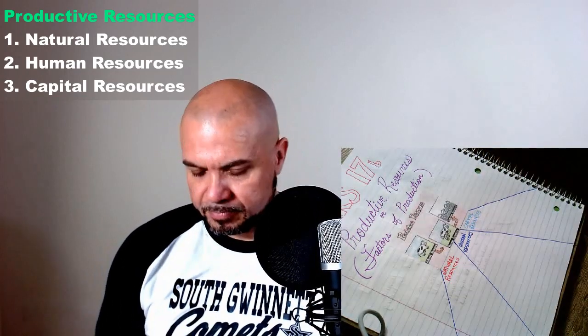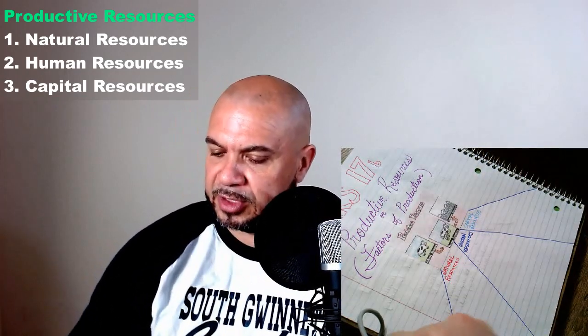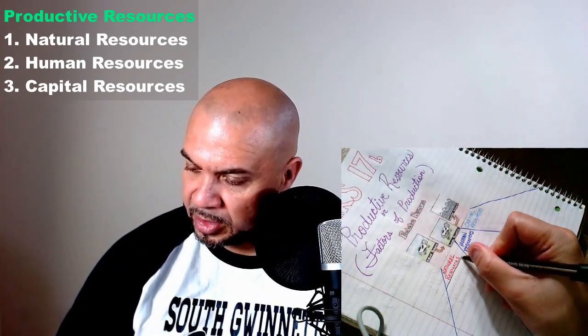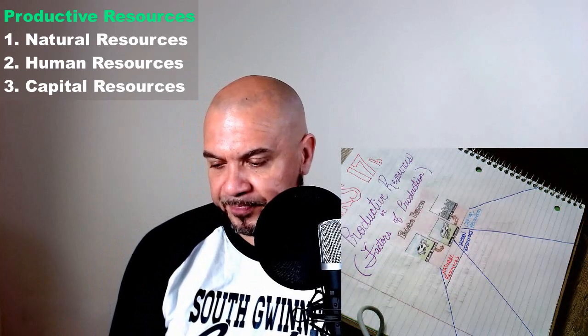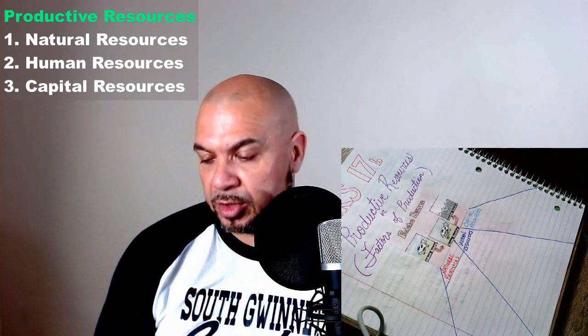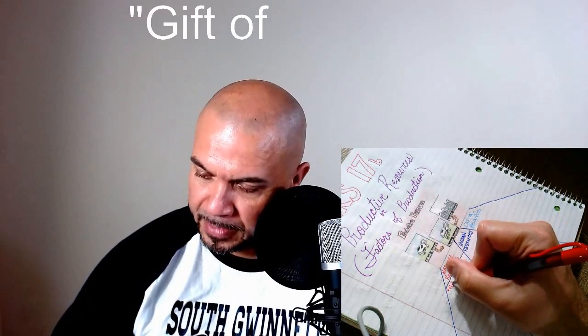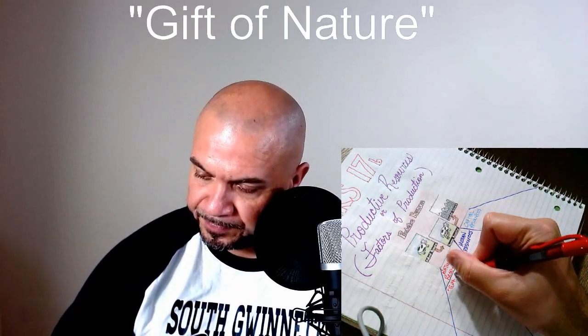All right, so I'll switch back to my red pen, and we're going to talk about natural resources first. Sometimes natural resources are known as, I'm going to put this in quotation marks, the gift of nature.